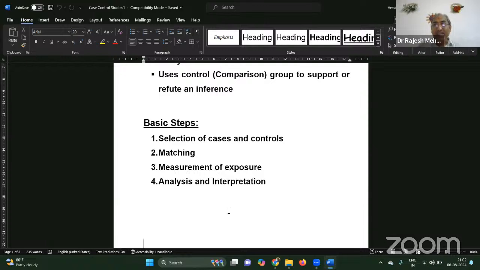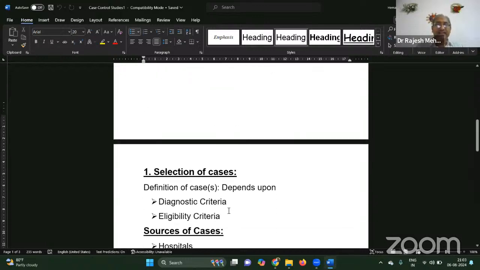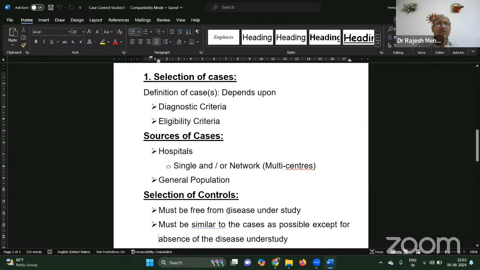But if you look at the past, what was there in the last 1 year, if you ask that, then you will find the difference. So exposure doesn't mean what was happening 2 days back, right? You should go into that depth. And finally, analysis and interpretation. So for cases, your diagnostic criteria should be very well defined.